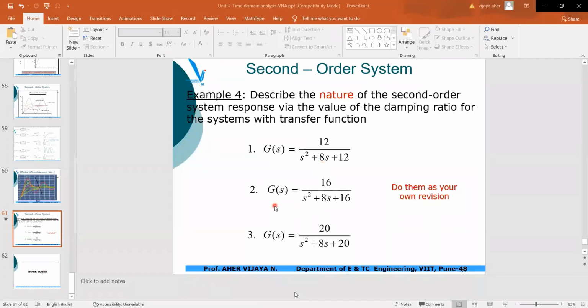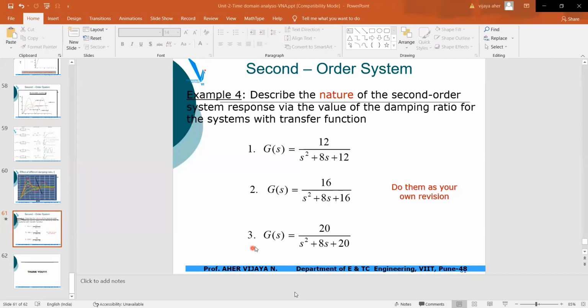Then next example is transfer function for second order system is given, that is g of s is equal to 16 divided by s square plus 8s plus 16. Here omega n square is equal to 16. Take root of that, you will get omega n 4. Okay, then 8 is equal to 2 zeta omega n. Find out the value of zeta.